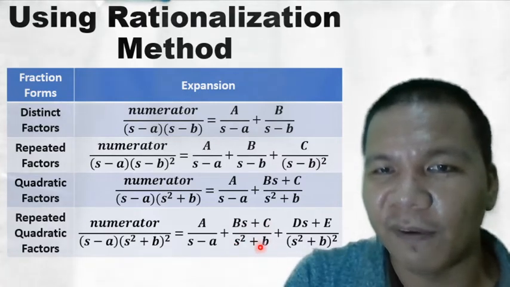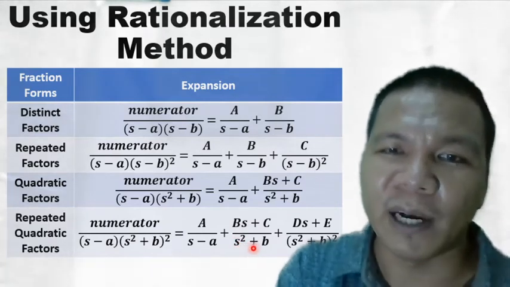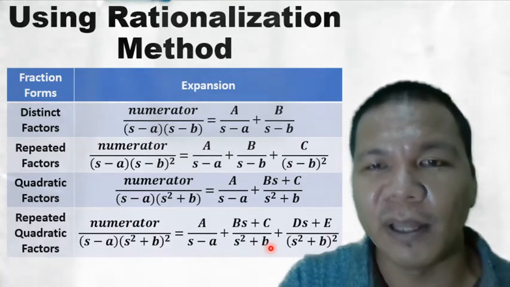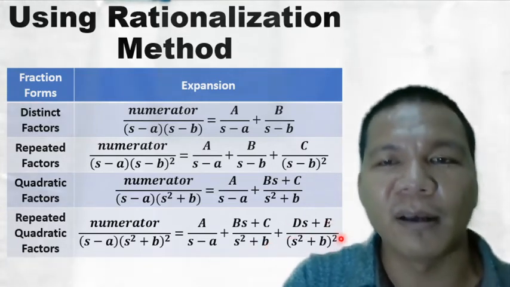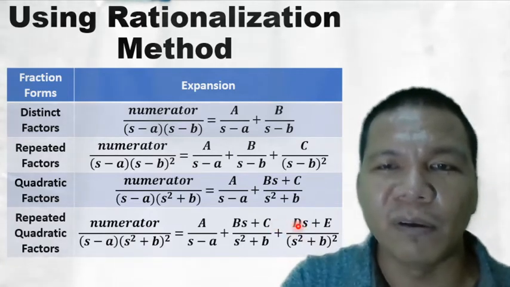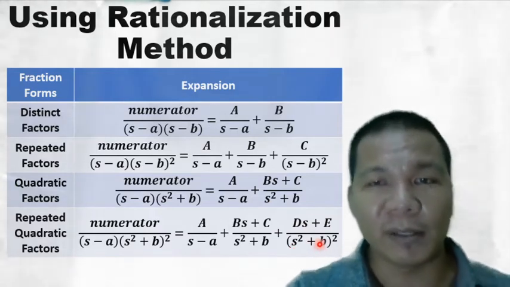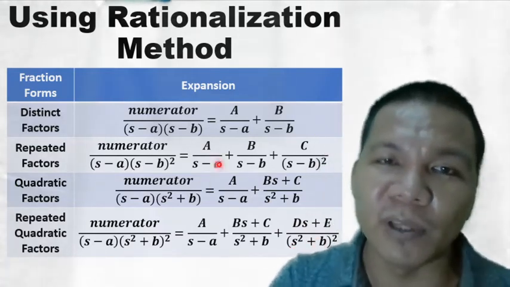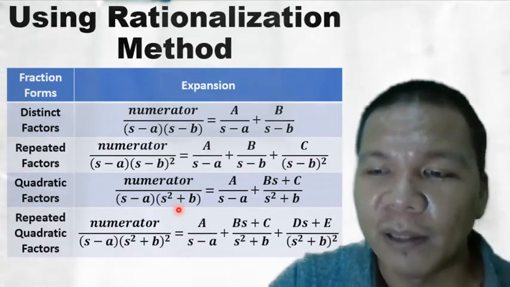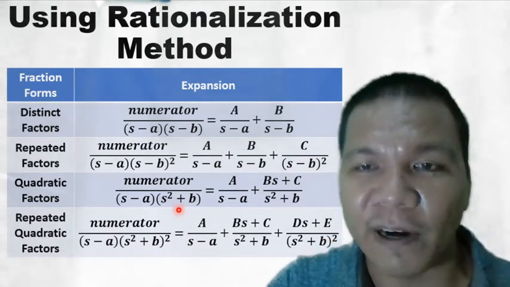Take note, this is the first factor of your quadratic function, and then the next repeated factor follows: Ds plus E all over s squared plus b quantity squared. That's the format. You need to familiarize yourself with all the formats so that it is easier to solve problems involving the inverse Laplace transformation of a rational fraction.